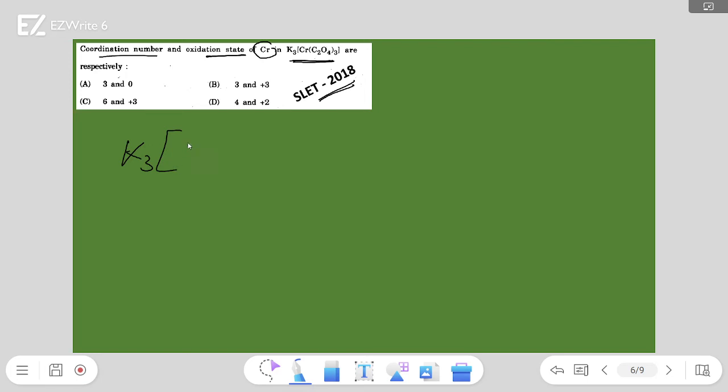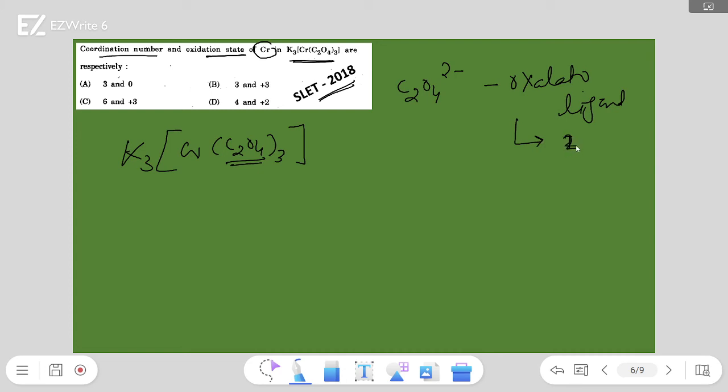If you look into the example, the very first thing that comes across is C2O4 2 minus, the oxalato ligand, and the oxalato ligand has coordination number 2. There are 3 such oxalato ligands, so 2 multiplied by 3 is 6. So the coordination number will be 6.